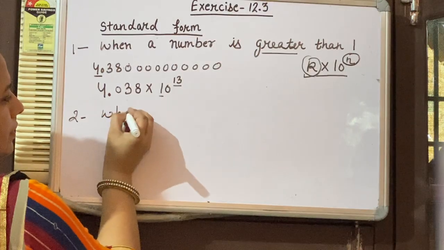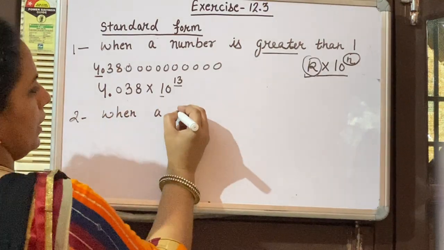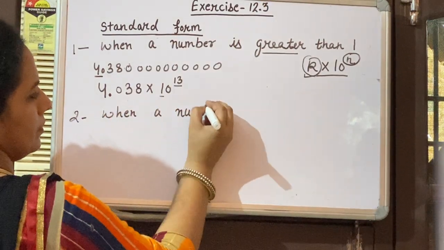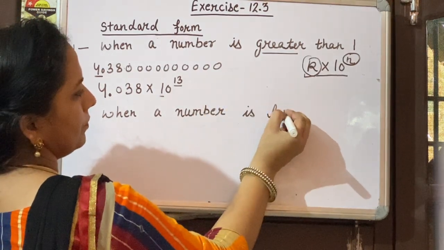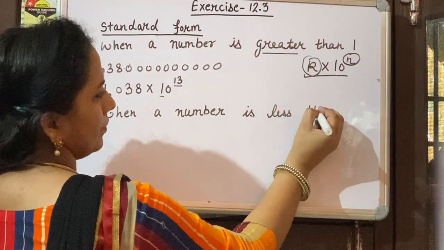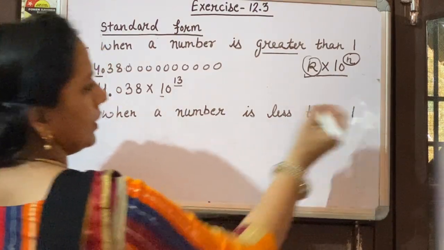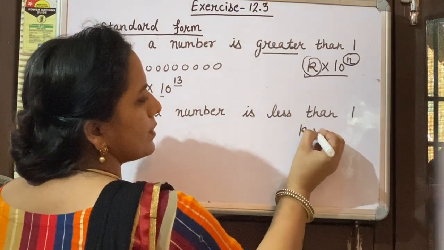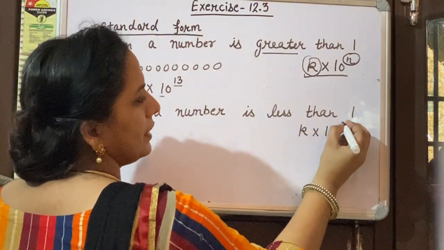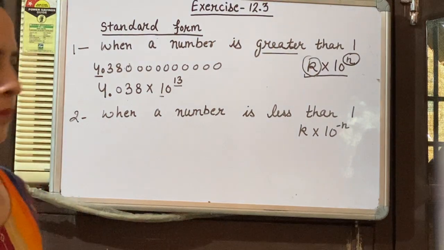Next type is when a number is less than 1. Then its standard form will be k multiplied by 10 raised to power minus n.